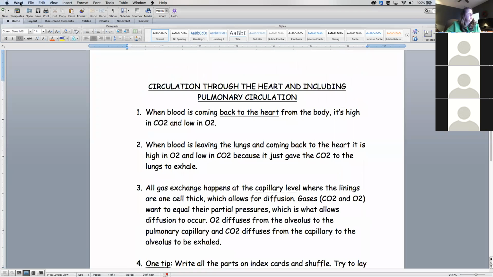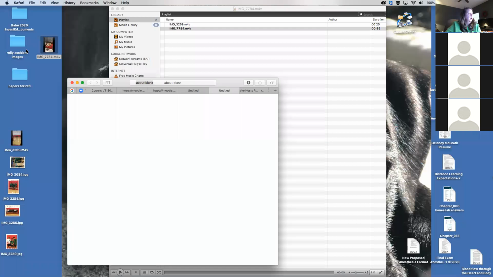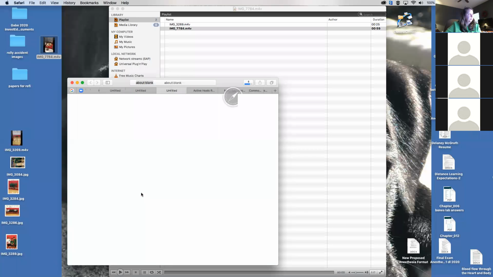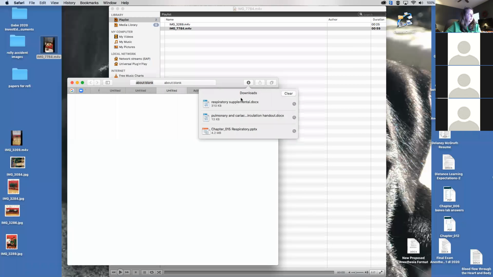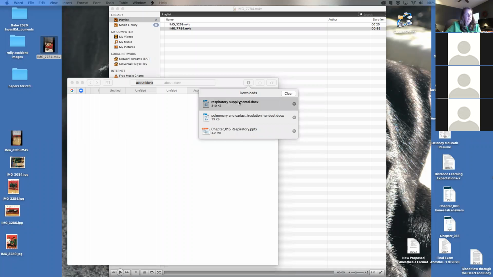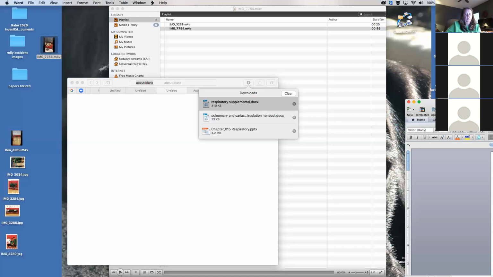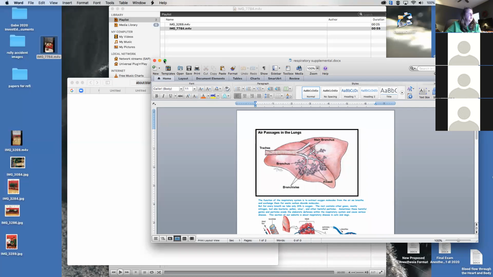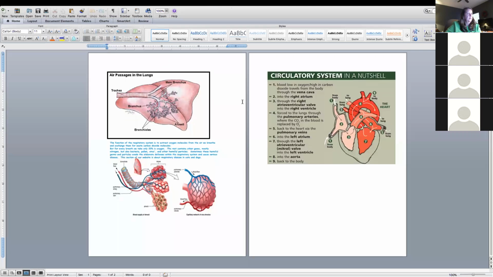And let me show you this other picture. It says respiratory supplemental. Okay, so this was just some pictures that I thought might be helpful. You see how the trachea goes to a main bronchus.